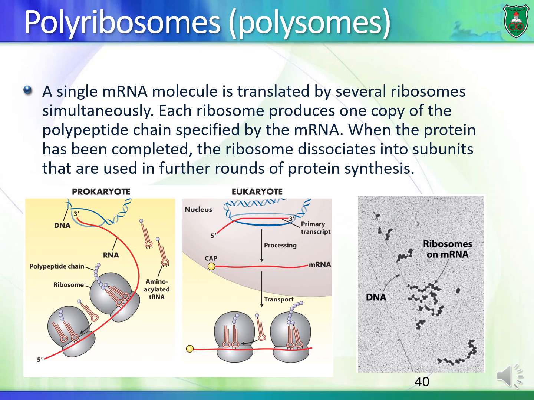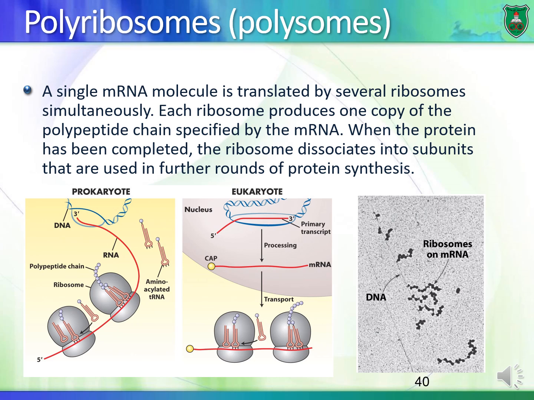By the way, why do I keep saying polypeptide instead of protein? Because once you have a polypeptide, then you have the folding or the formation of a three-dimensional structure of a functional molecule known as a protein.